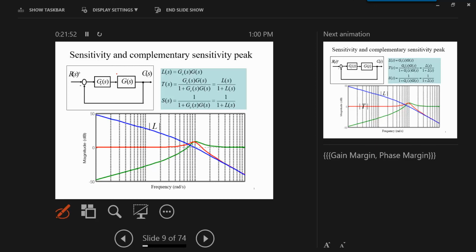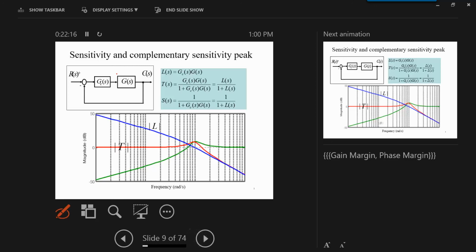Constant input means very low, zero frequency. So this is the difference between open loop, closed loop, and the error transfer function, or the sensitivity of the system.